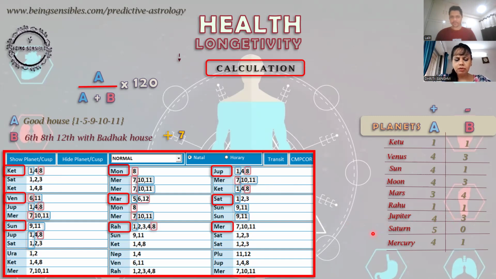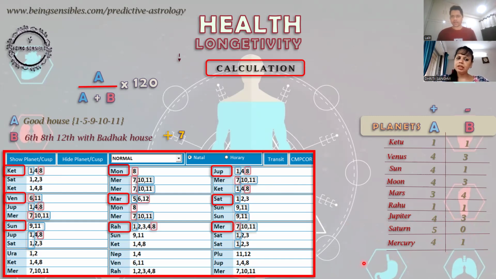So 1, 2, 3, 4, 5. So 5. And 6, 8, 12, 7, it's not there. So 0. Then Mercury: 1, 5, 9, 10, 11. So 1, 2, 3, 4. So 4, then 7. 4:1.